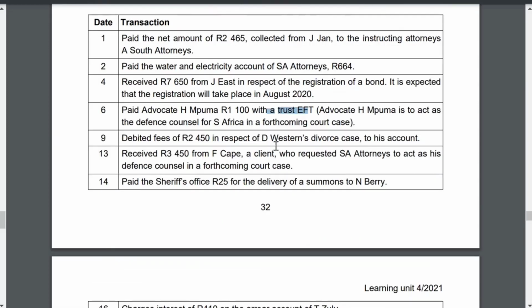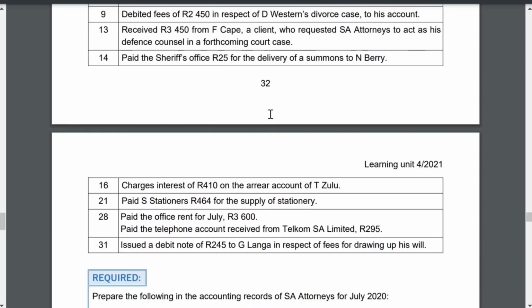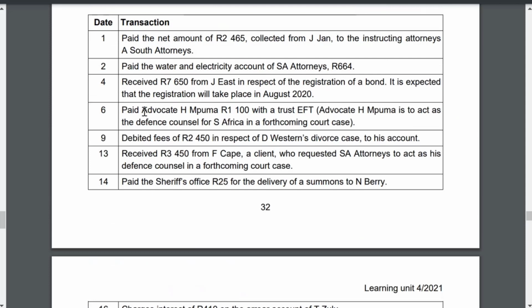So well done, guys. This is trust cash payment journal, 1,100. This will be recorded in the trust cash payment journal. Well done on that.